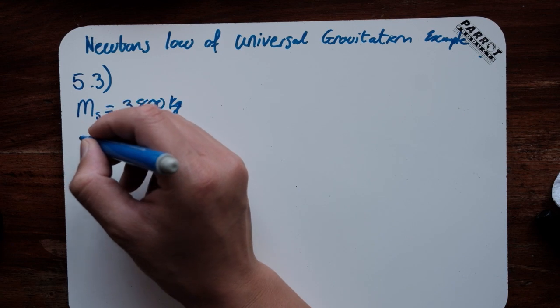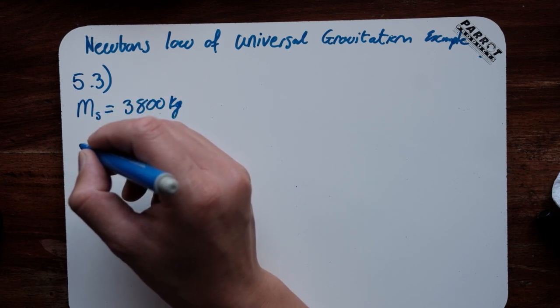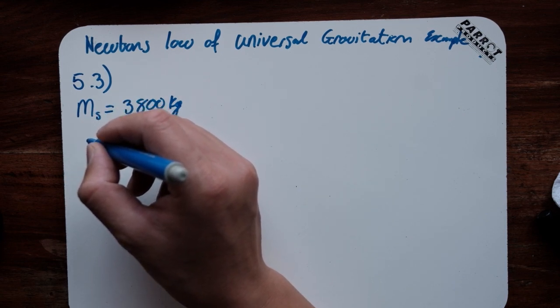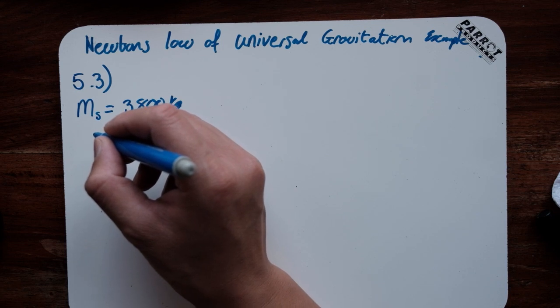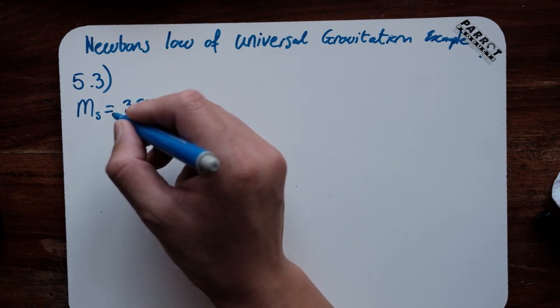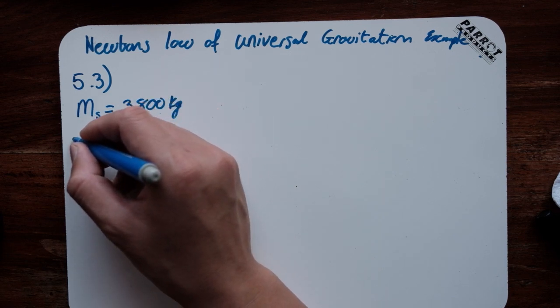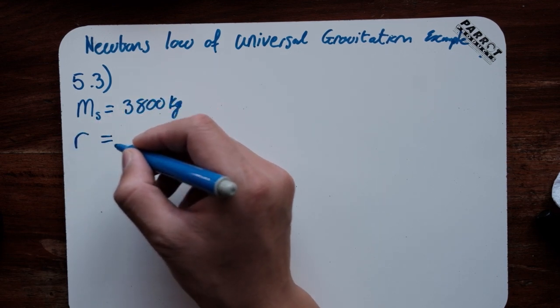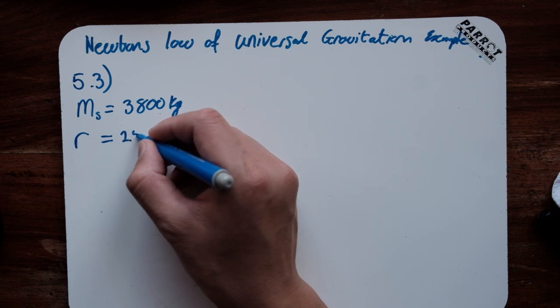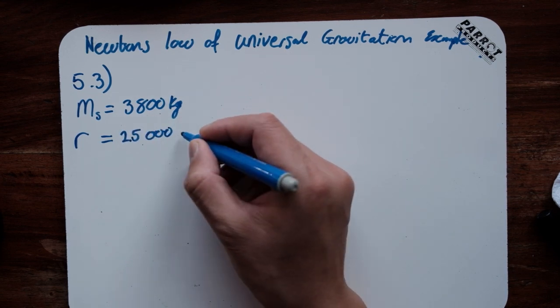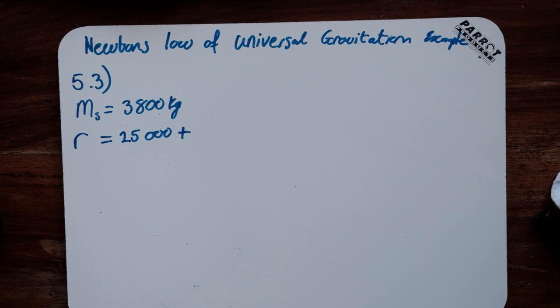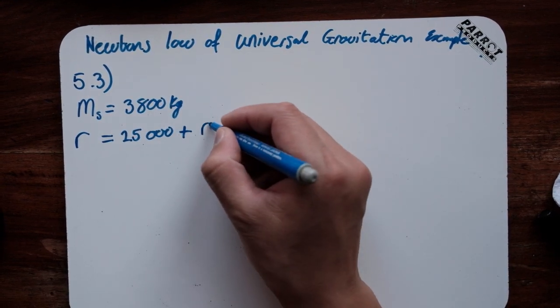We know that the distance above the surface of the Earth is 25,000 kilometers. Now the distance between them is going to be the 25,000 kilometers plus the radius of the Earth.